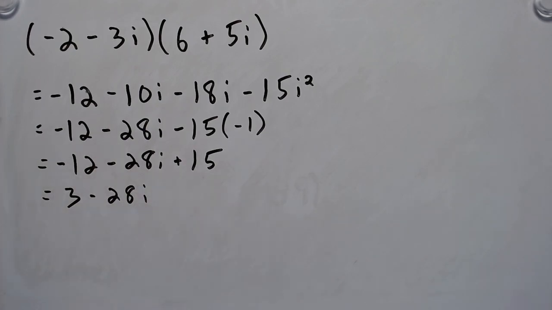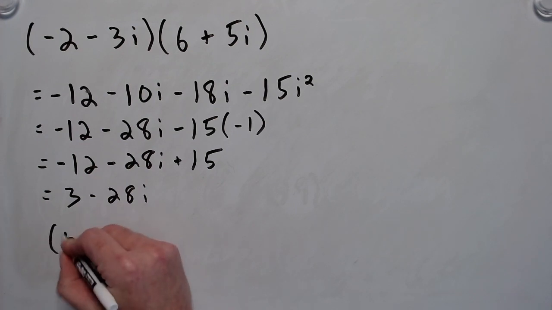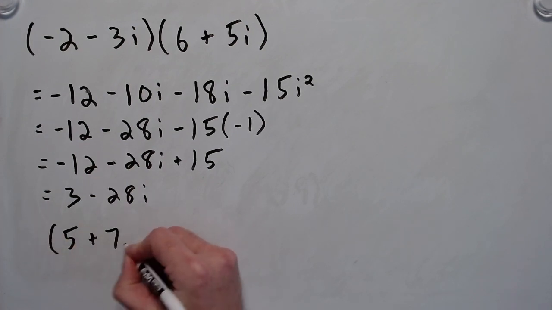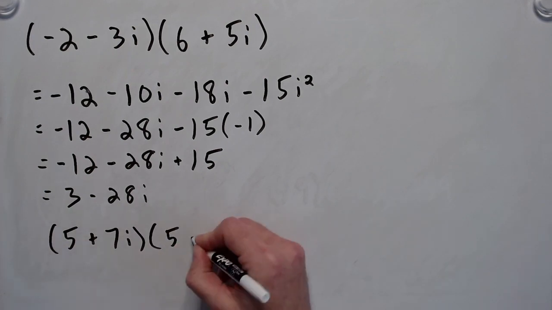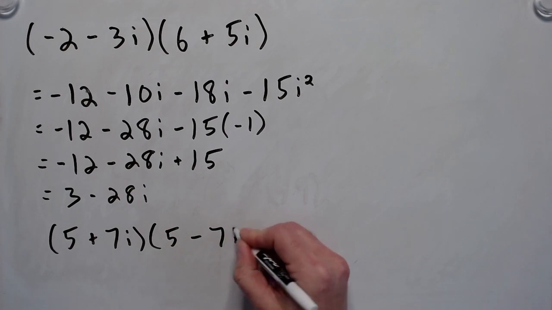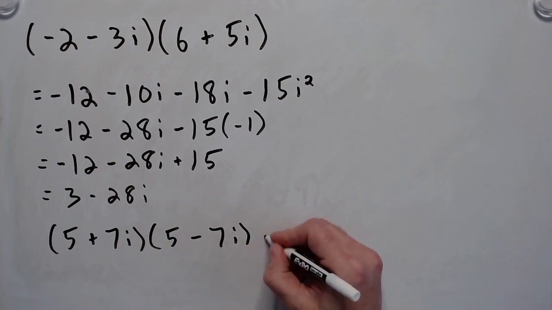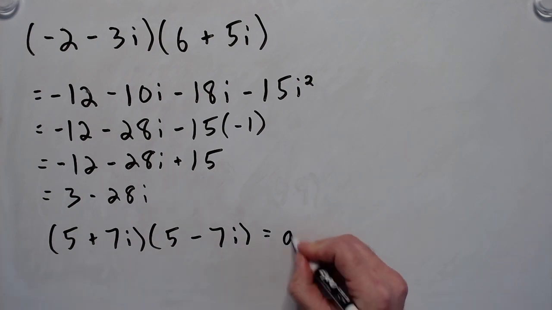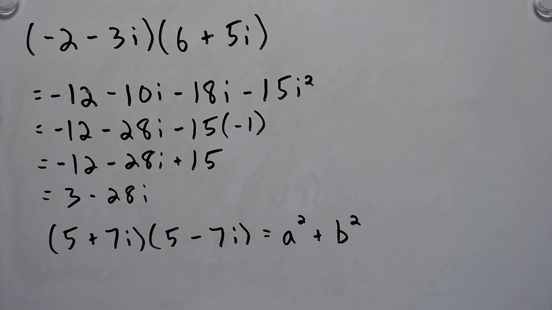There we go. I'm going to squeeze in one more example down here. It's going to be 5 plus 7i. And what I'm going to do is multiply it by its conjugate. So all we did is flip the sign from positive to negative. Now remember, when we do this, we end up with a squared plus b squared. a would be 5 and b would be 7.